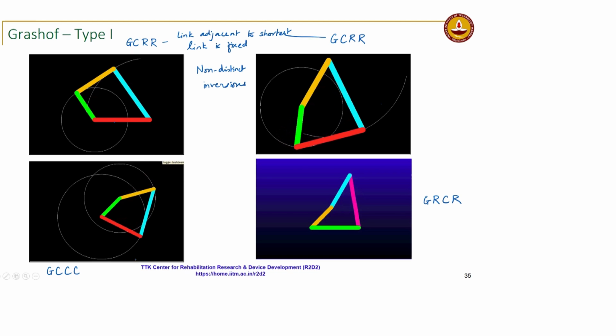This one, GCCC, is where the shortest link is fixed. And here the link opposite to the shortest link is fixed. So, this is the case with the tumbling coupler.